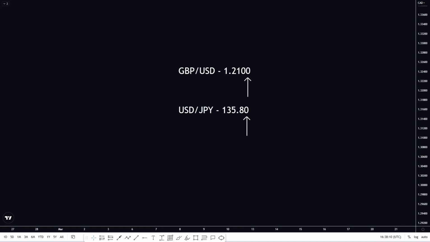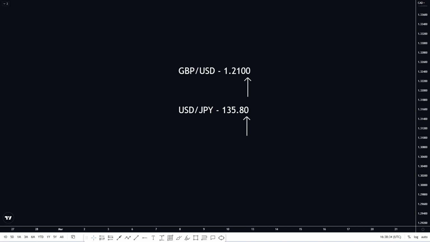This is because they've added an additional value, where we now have pips and also pipettes, which you could also refer to as a tick. These new additional places show 1/10 of a pip.